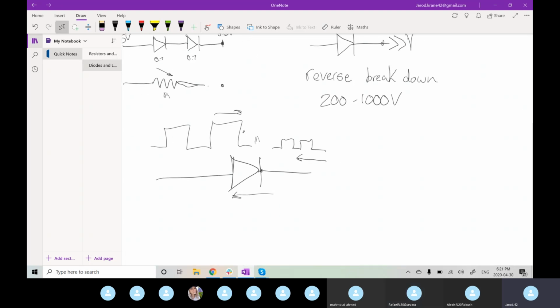It's not like a gate where once it sees a voltage here, it closes and allows anything to flow. It only wants to allow forward flowing currents. Okay, thank you.